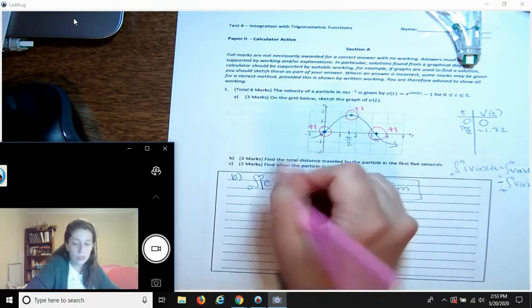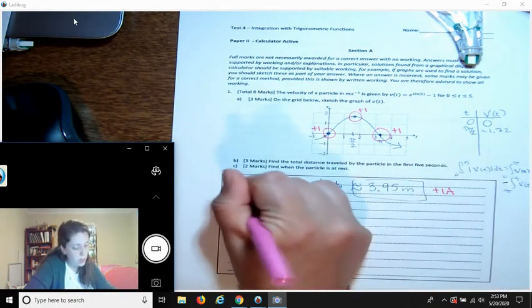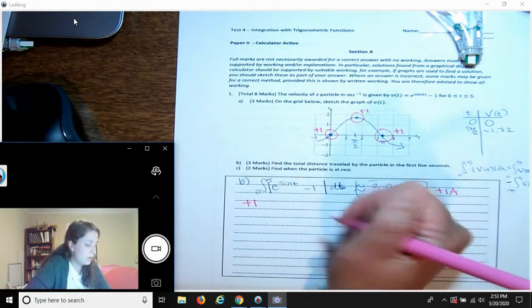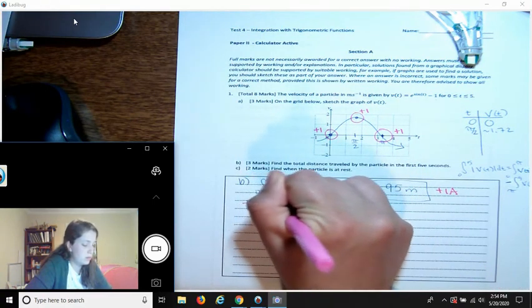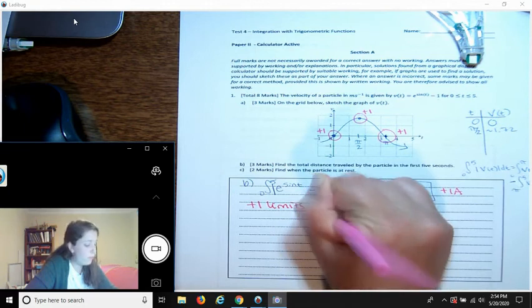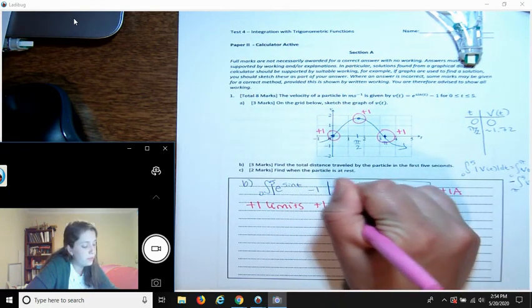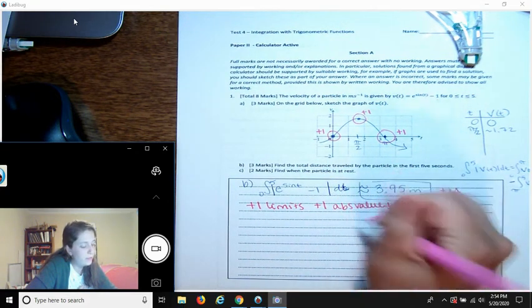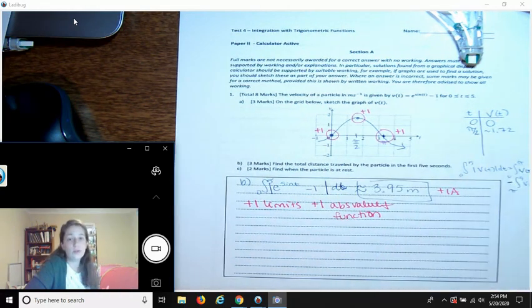So I would do +1 for this answer, +1 for the limits, +1 for your integrand, which includes the absolute value, and the function that goes on the inside. Okay, so those are your 3 marks.